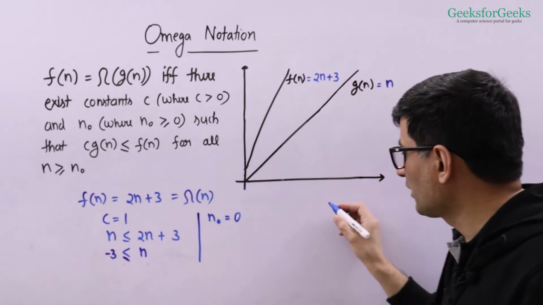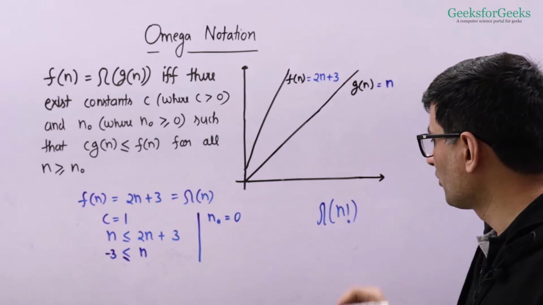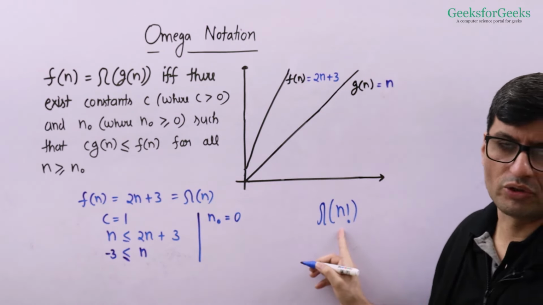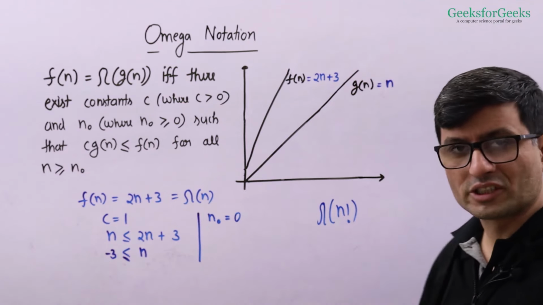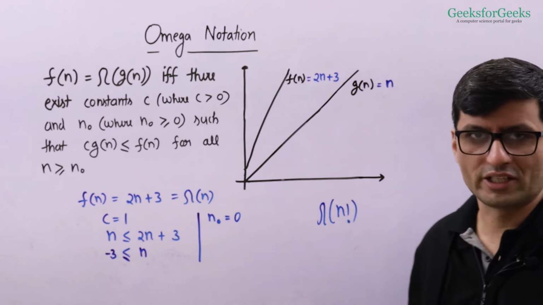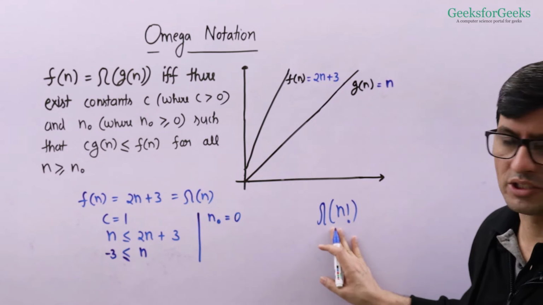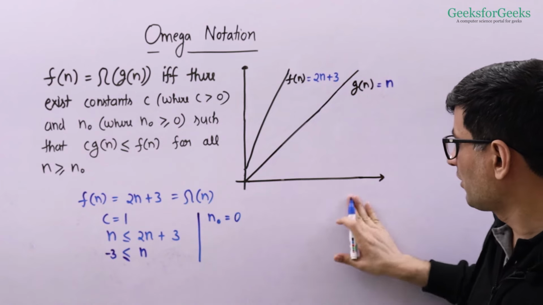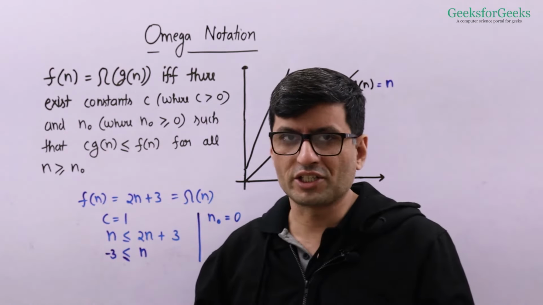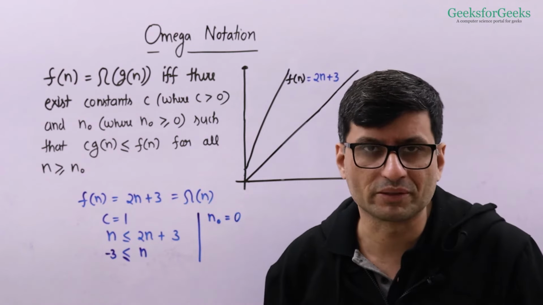So you can say the algorithm for printing permutations is going to take big omega of factorial n time, because it's going to generate and print all these permutations on the screen, and there are factorial n permutations, so you need at least this much time. So whenever we use big omega notation, we use it to indicate a lower bound on the time taken.